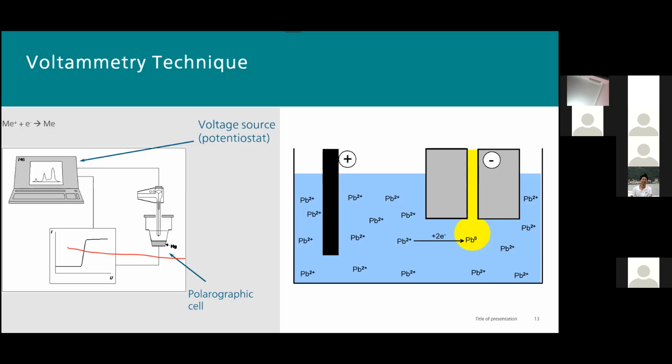And on the right-hand side, you can see the lead ion in the quartz.